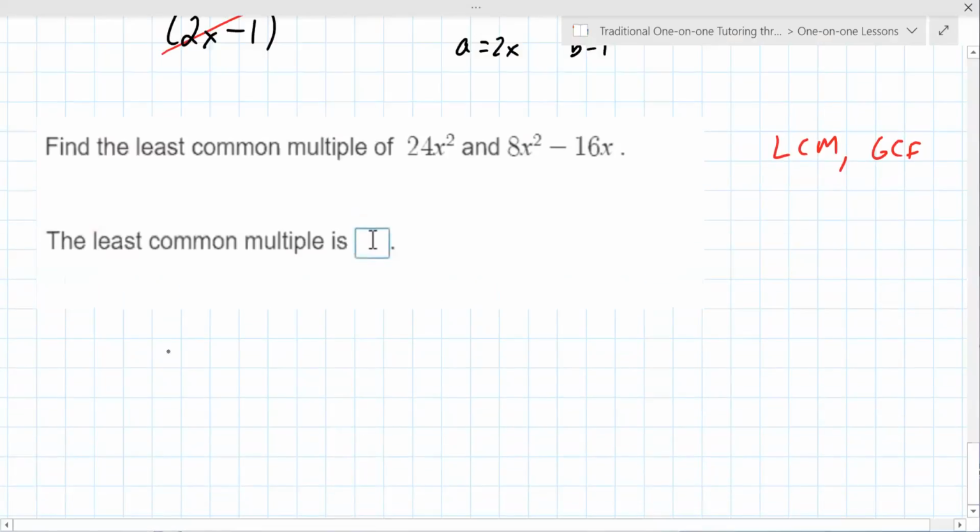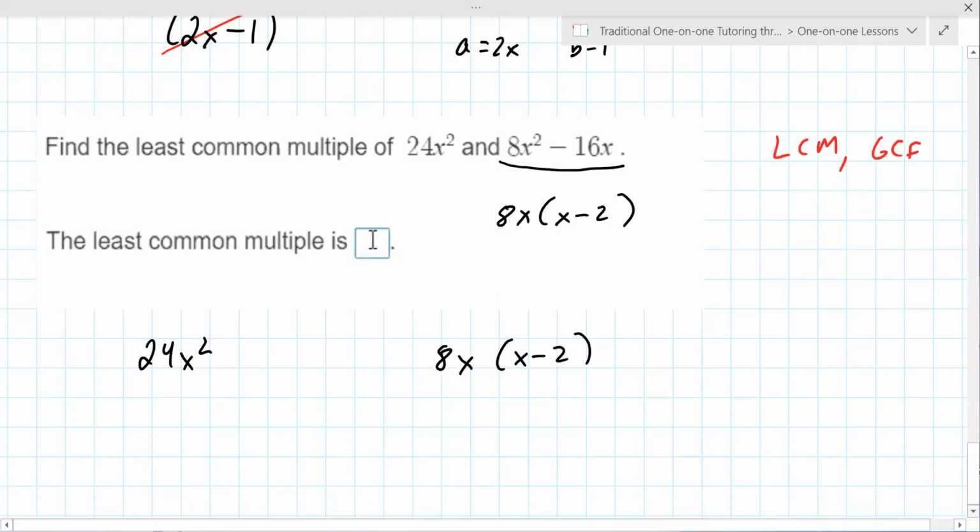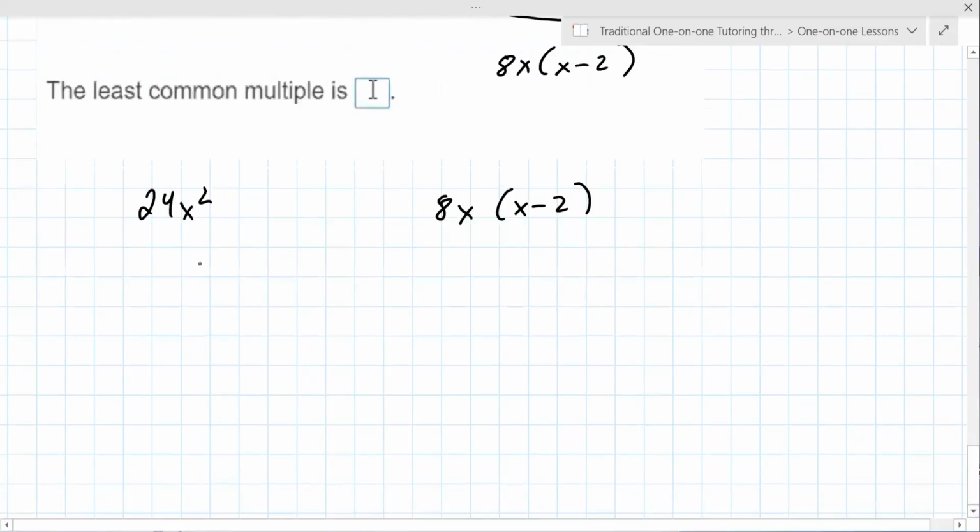So we're looking at 24x squared. And then this one on the right, you can actually factor an 8x out of both, so you get x minus 2. The least common multiple is where you build something that contains both of these.